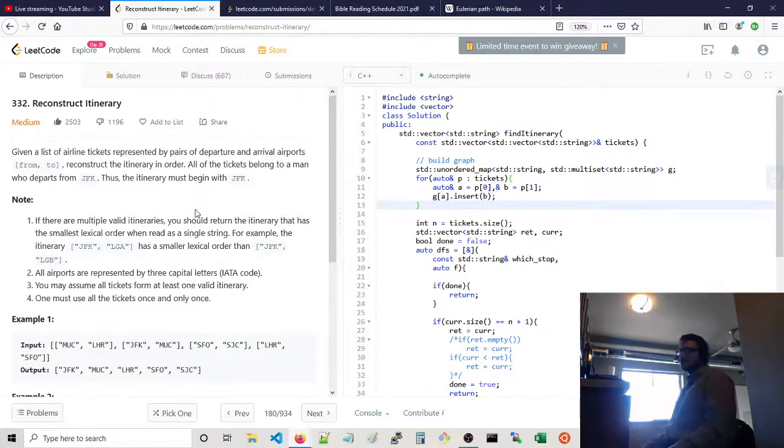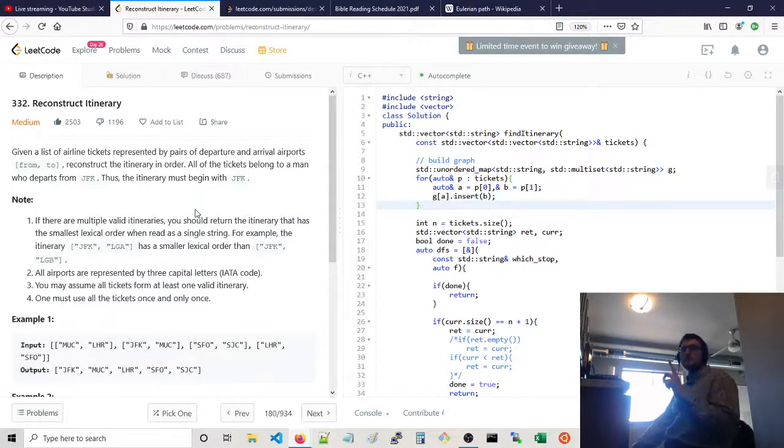The reason for this is that there's an ending point that you're going to have for your path that'll always be the same no matter what path you take. And if you reach that ending point and you haven't used all your tickets, you have a problem. That can happen.